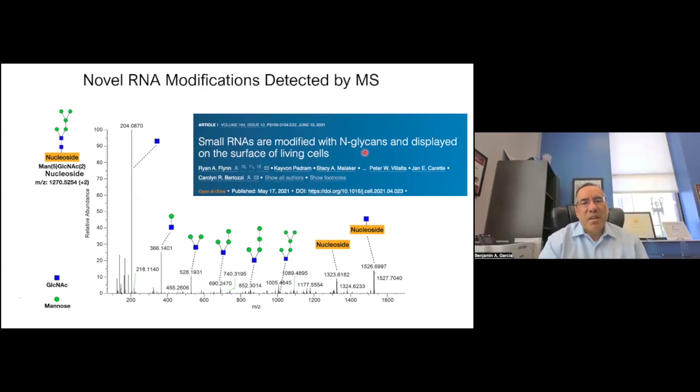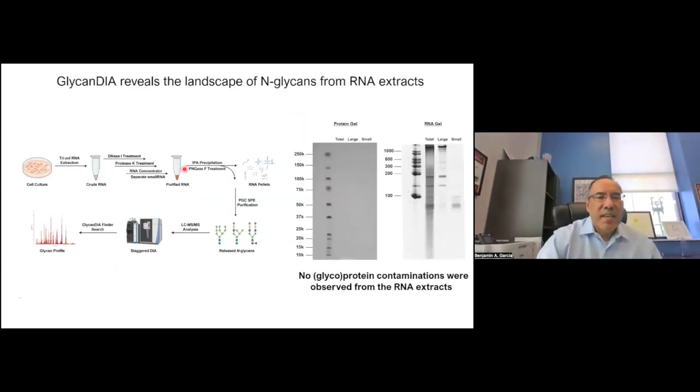This has become of high interest because of some recent publications that found that small RNAs can be decorated with glycans, especially on the surface of cells. And so we've been working with Ryan Flynn, who now has his own lab, to characterize the N-glycans and O-glycans that are found on RNA.